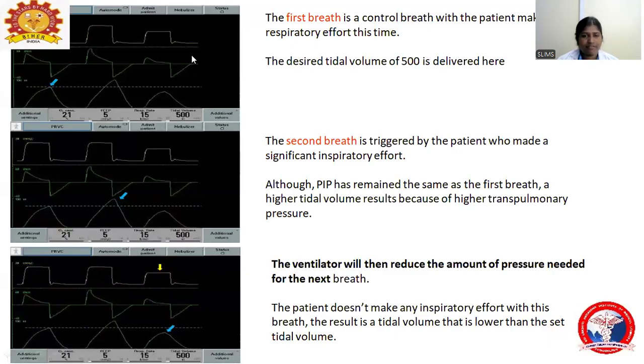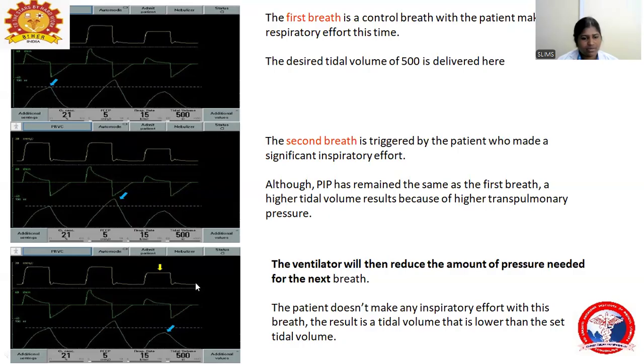So in the first graph, the first breath is the controlled breath, with the patient making no respiratory effort this time. The desired tidal volume achieved is 500. And the second breath is triggered by the patient who made a significant inspiratory effort. Although the peak inspiratory pressure has remained the same as the first breath, a higher tidal volume results because of the higher transpulmonary pressure.